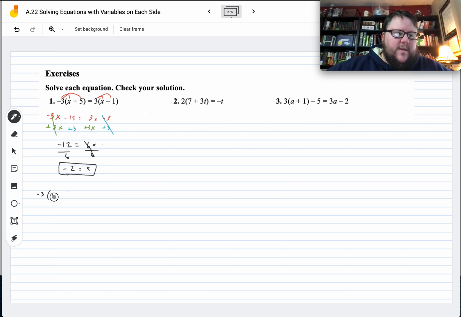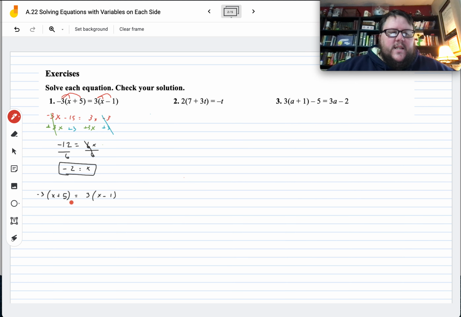So negative 3 parentheses x plus 5 equals 3 parentheses x minus 1. And so what I'm going to do is, remember, when you're doing an equation, if you do something to the left side of the equation, you have to do it to the right side.